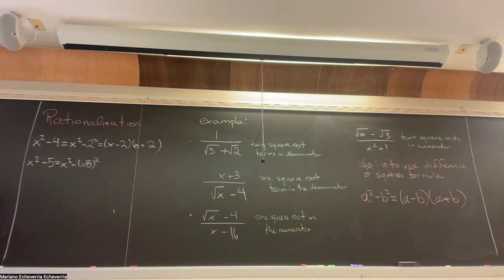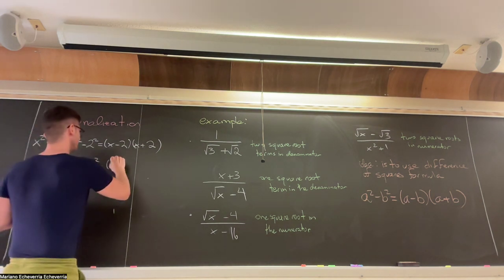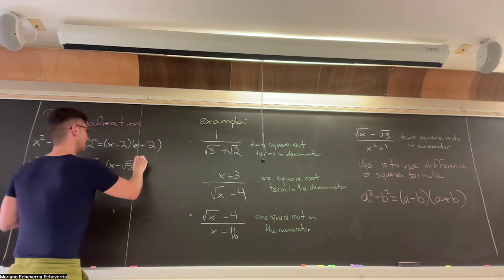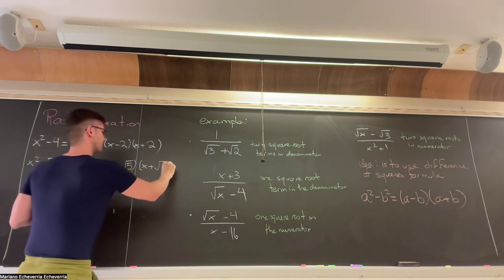Then you can apply the difference of squares formula, which was not super obvious, because before you didn't think of 5 as a square. So this would give you x minus root of 5 times x plus root of 5.